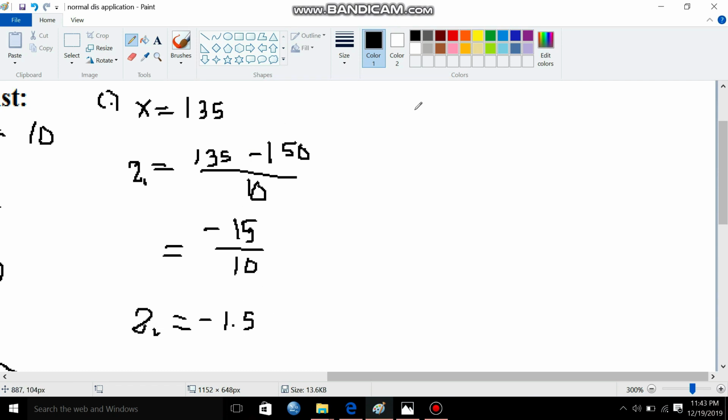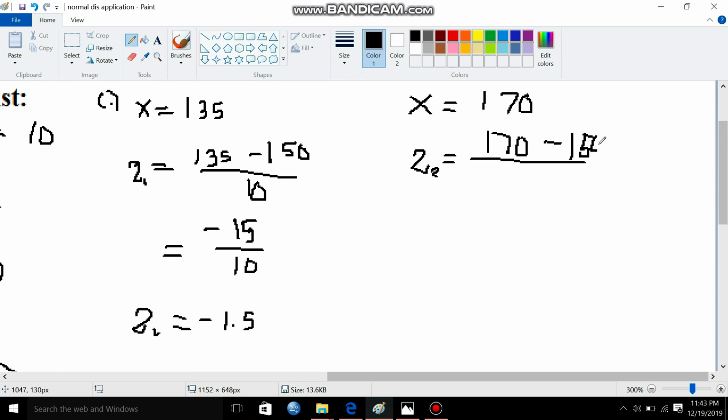For z sub 2, x is 170. So z sub 2 is 170 minus 150 over 10.